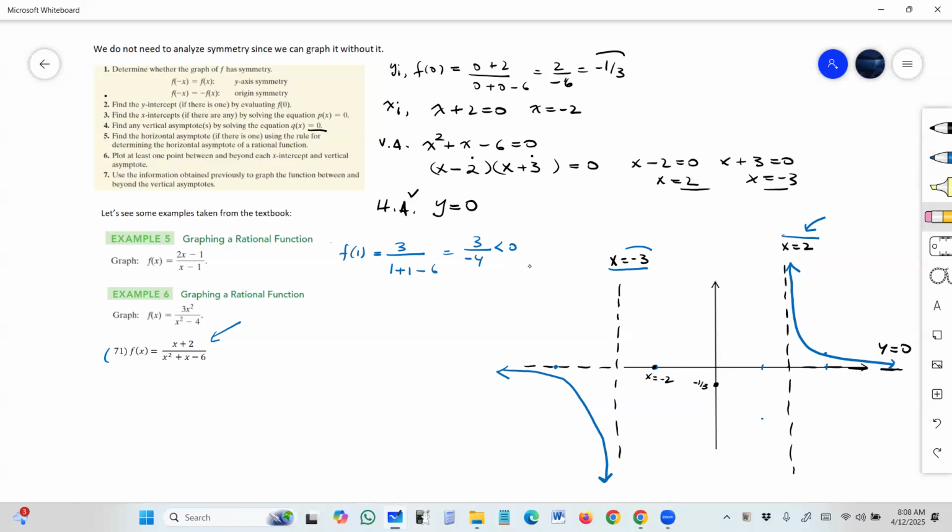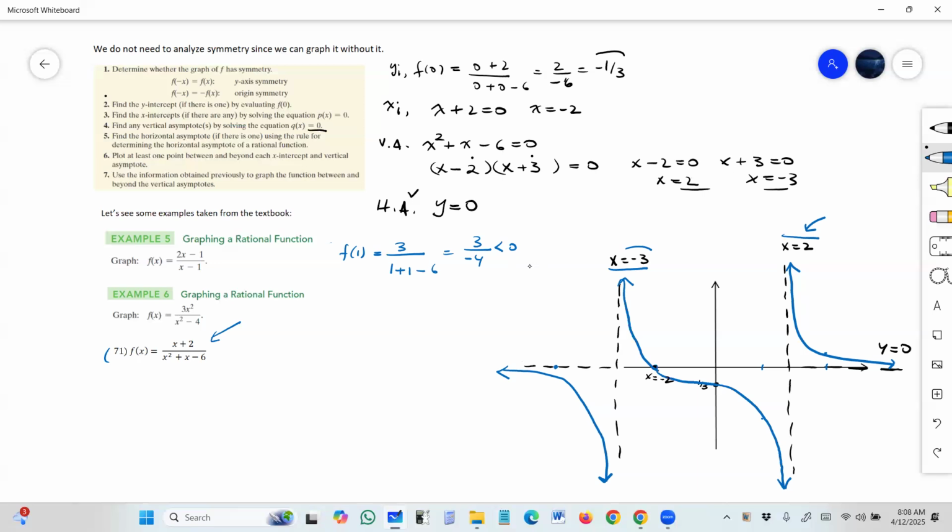Now, can you see how to graph the function in the middle region? Well, it has to go toward the asymptote. It has to pass through the root. It has to pass through the y-intercept, and it has to go toward the other asymptote. There is no choice. So this is the behavior of the graph in this middle region.